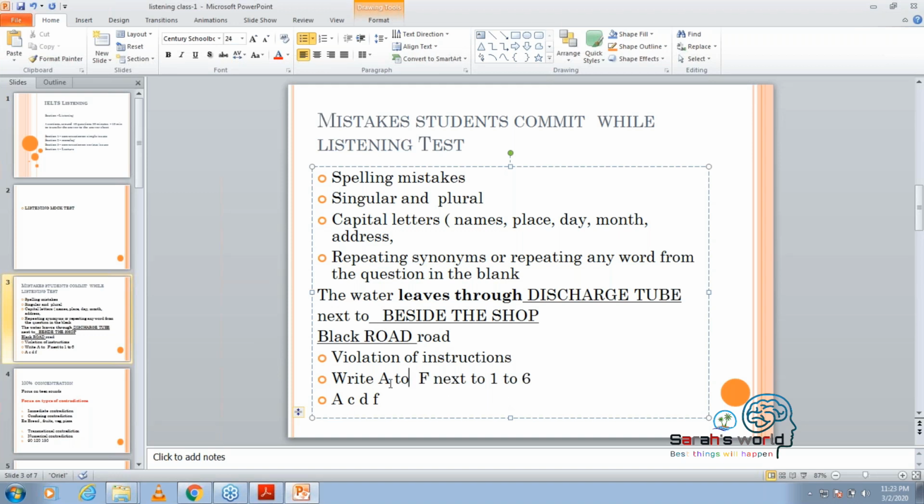Now the instruction is saying to write capital letters, so you have to write the answer sheet also in capital letters. So the spelling mistake, right? Yes, all the 4 sections are 30 minutes. Within 30 minutes you will finish the test.